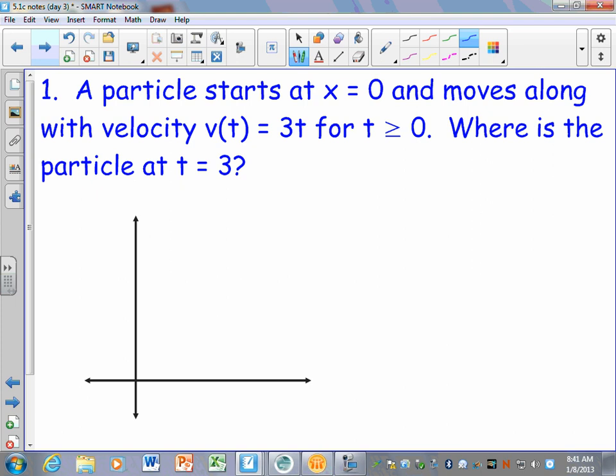So step 1 is let's graph this. This is my velocity axis. This is my time axis.